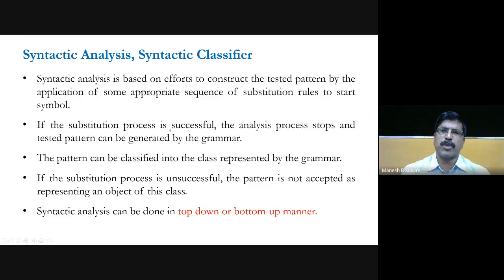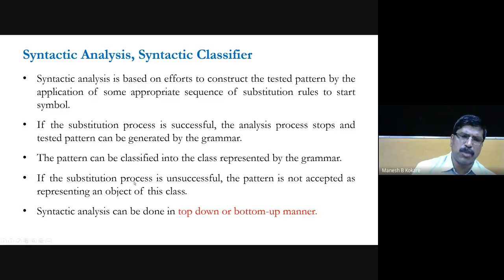If the substitution process is successful, means you get the language of the unknown pattern similar to the language of that class, then the analysis process stops and the tested pattern can be generated by the grammar. The pattern can be classified into the class represented by the grammar.